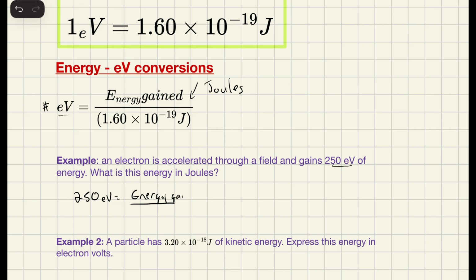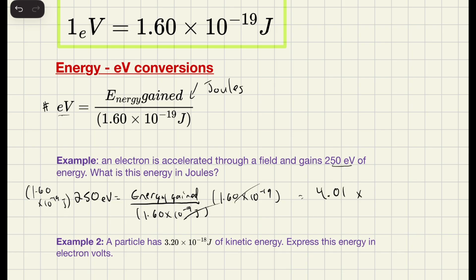Let's write energy gained over 1.60 times 10 to the negative 19 joules. All we have to do is multiply both sides by that 1.6 constant here. If we plug that into our calculator, we should get about 4.01 times 10 to the negative 18 joules.